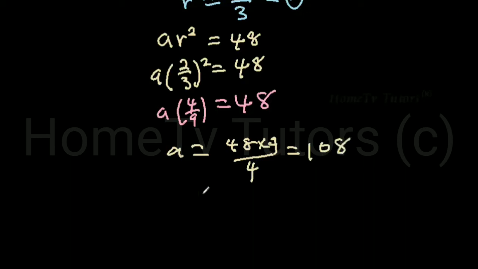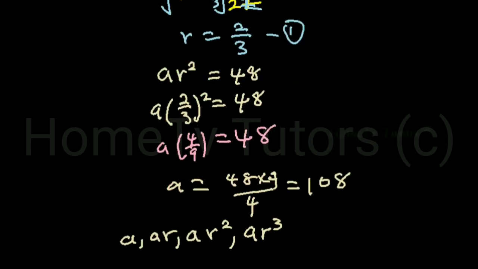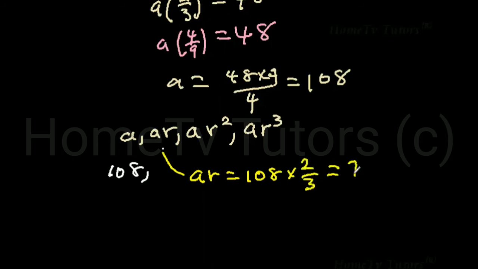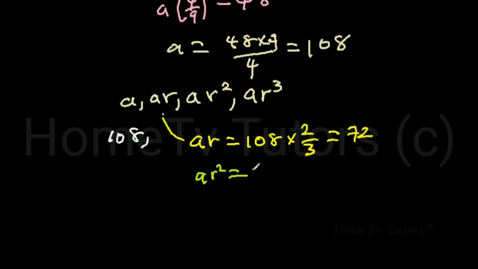108. Okay, so the terms are, as we know, the first term a, the second term ar, the third term ar to the power of 2, and the fourth term ar to the power of 3. So now that we have a equals 108, we can get the remaining 3 terms. ar is equal to 108 times 2/3 equals 72. ar to the power of 2, which is the third term, is equal to 108 times 2/3 to the power of 2, which is equal to 48.